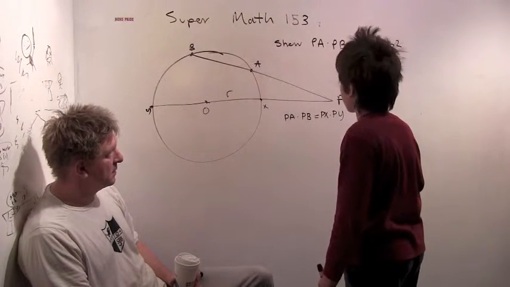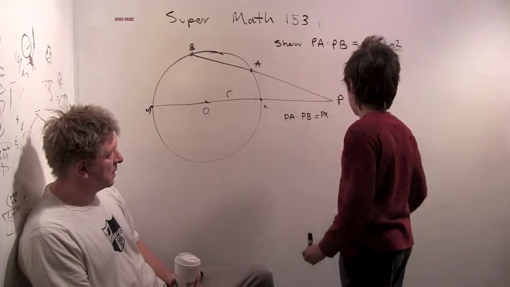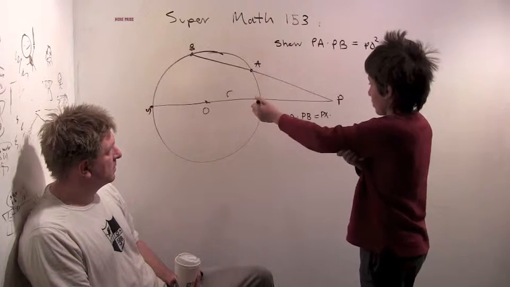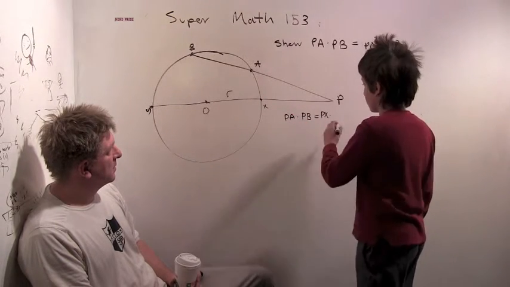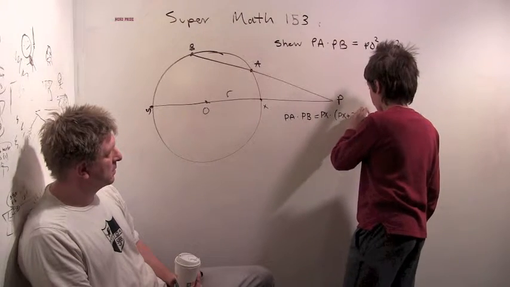We don't know what PX is, but we know what PY is. What's PY? PY is PX plus 2R.